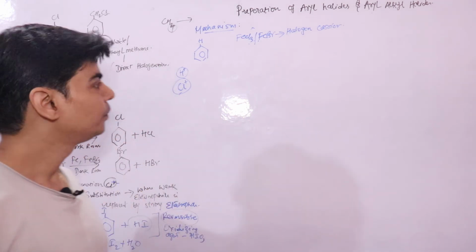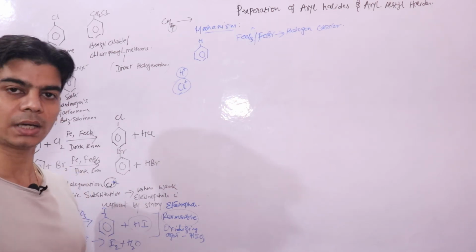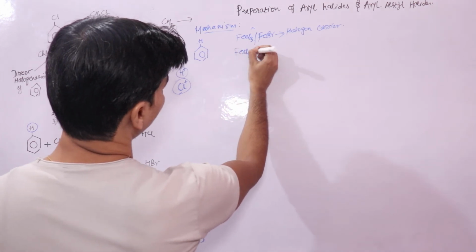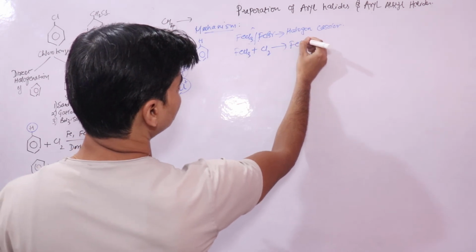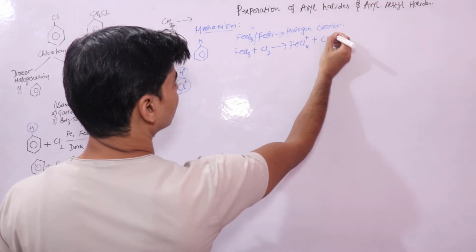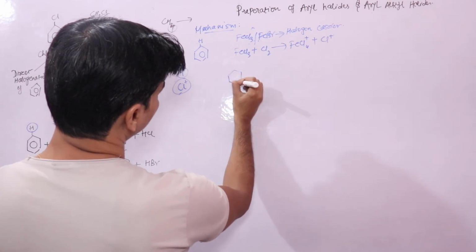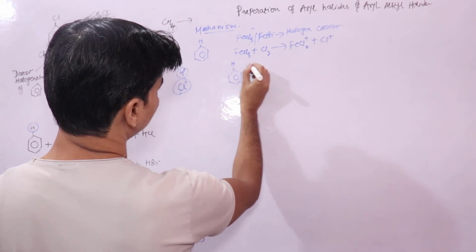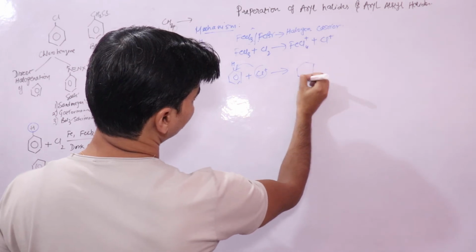That chloronium ion will then attack the benzene nucleus to form a carbocation, right? So first this ferric chloride will cleave this chlorine molecule to give you FeCl4 minus, which is a base, plus your chloronium ion. Now this chloronium ion will attack your benzene nucleus to form a carbocation.